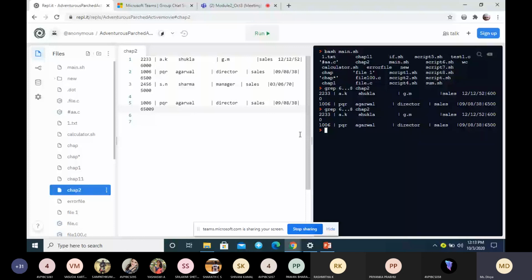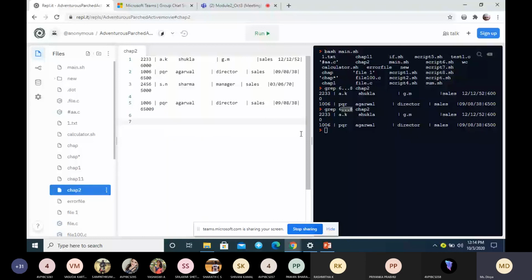The third one doesn't have any number that starts with 6. But here we have a number that starts with 6, and after that I have 4 characters. But what our regular expression tells is that it should end with only 3 characters. Here I have 4 characters, so that is why it is not matching this line and this line is not listed. Is it clear? The importance of dollar.